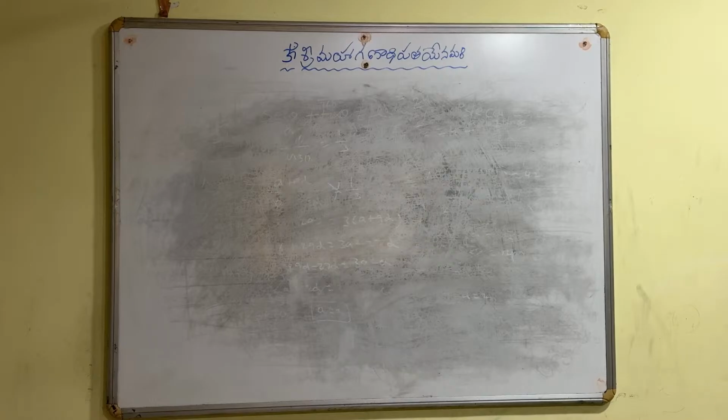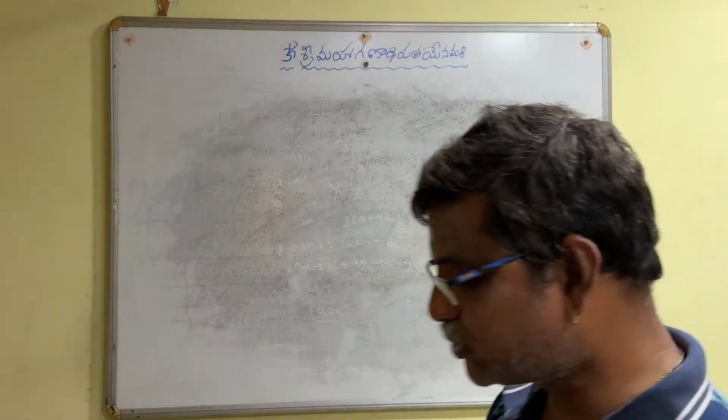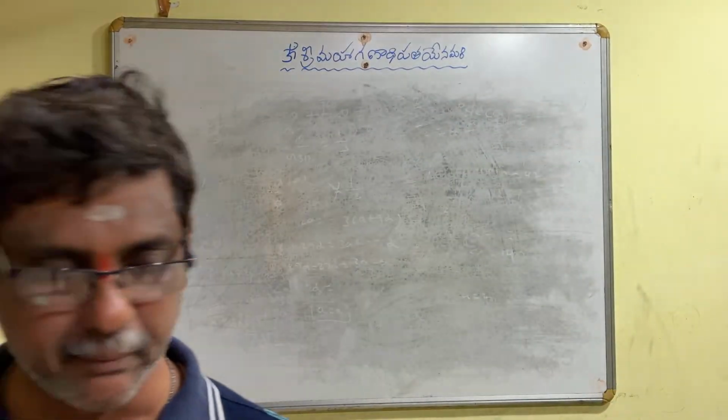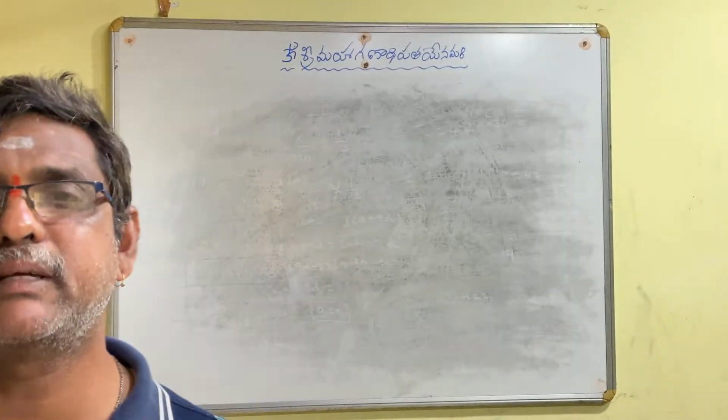In a flight of 2800 kilometers, an aircraft was slowed down due to bad weather. Its average speed is reduced by 100 kilometers per hour, and by doing so, the time of flight is increased by 30 minutes. 30 minutes means half an hour.